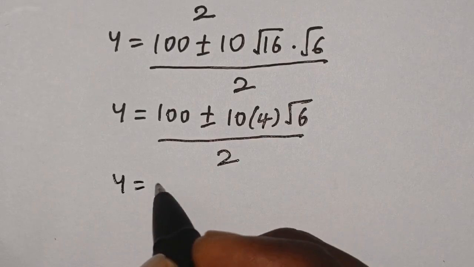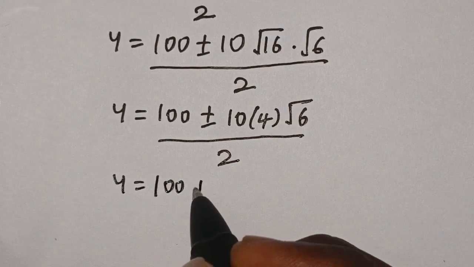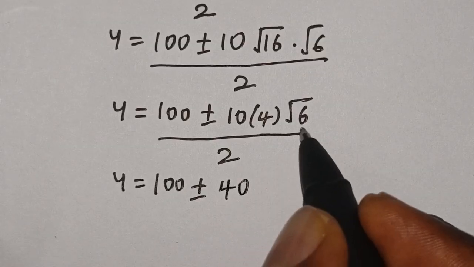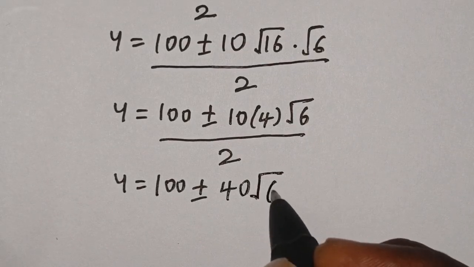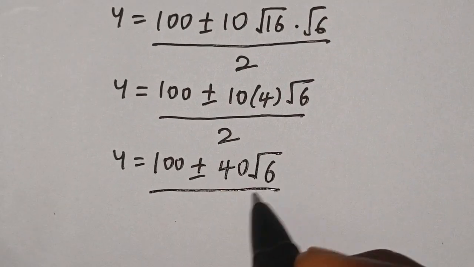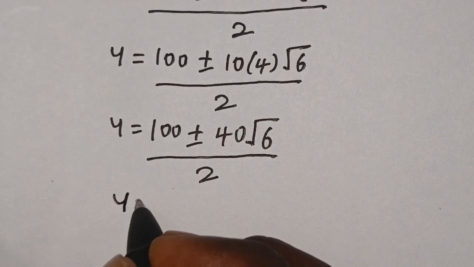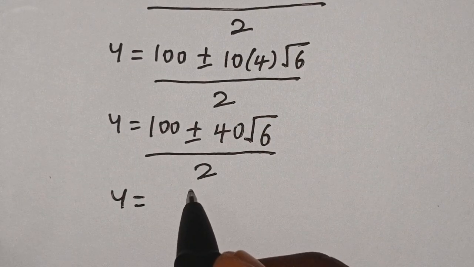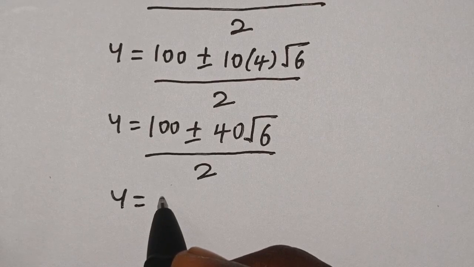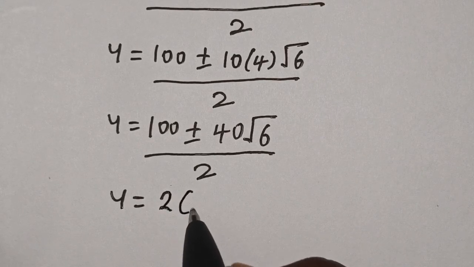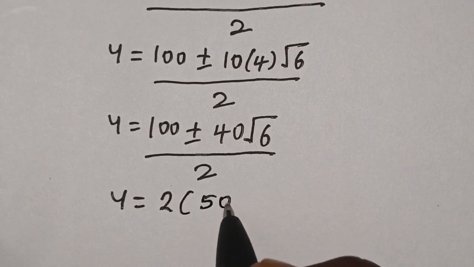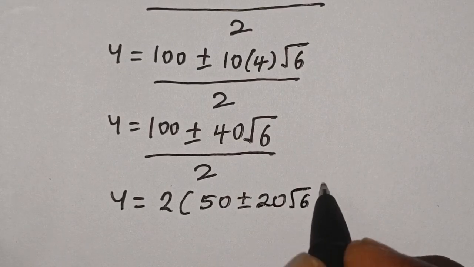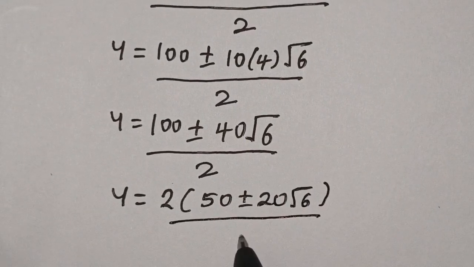Y equal to 100 plus or minus 40 times square root of 6, divided by 2. You will see that from this numerator we can factor out 2. So we have 2 into 50 plus or minus 20 root 6, divided by 2.